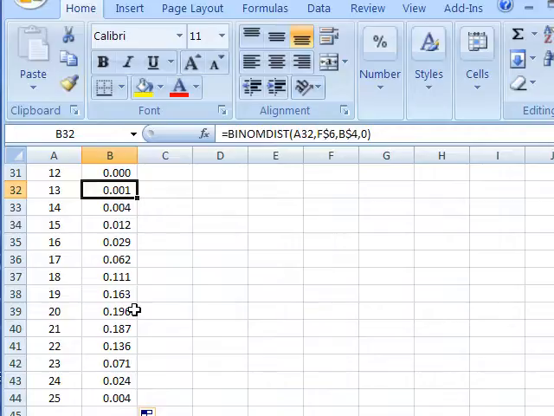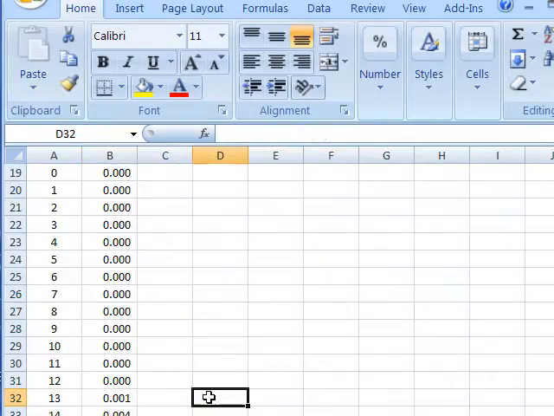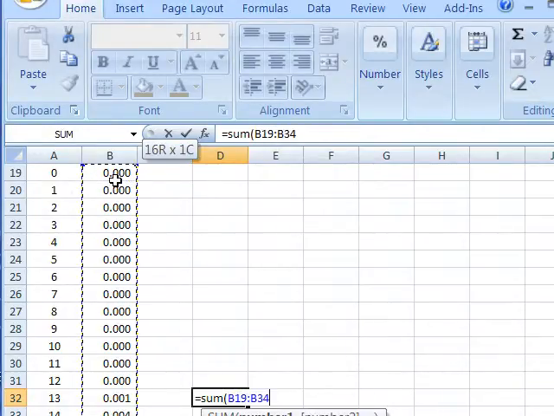Okay, now the book asks us, first of all, the probability that 15 or fewer subscribers in the sample are not satisfied. So 15 and fewer would be anywhere from 0 to 15. So that answer is easy to get. We just say sum of 15 down to 0. You go 0 to 15, doesn't matter. You can see that Excel is called B19 through B34, not the other way around.